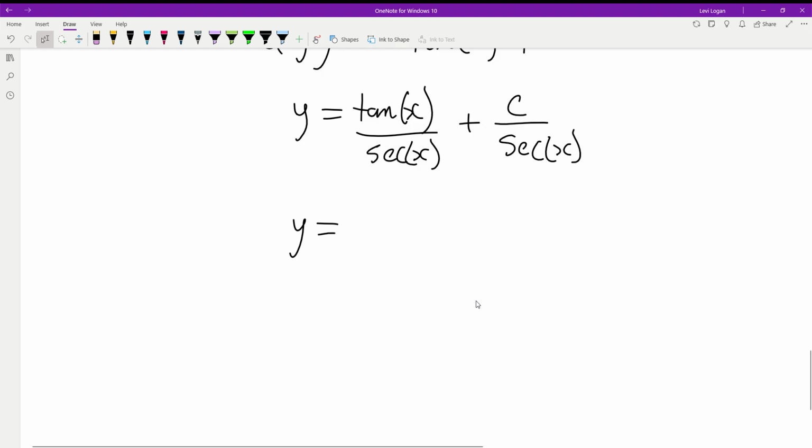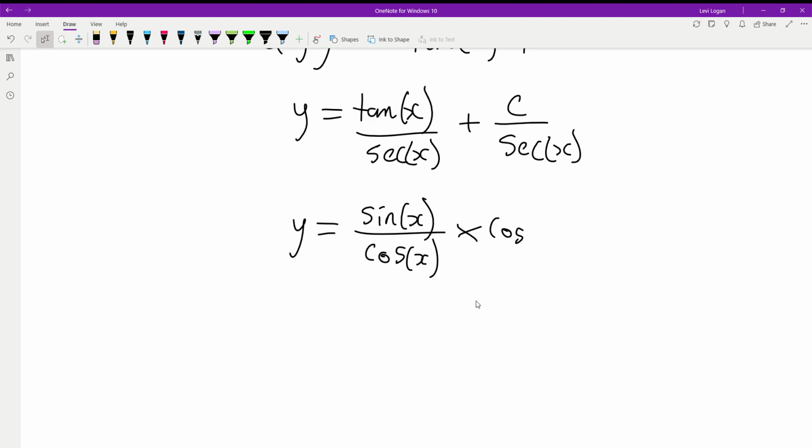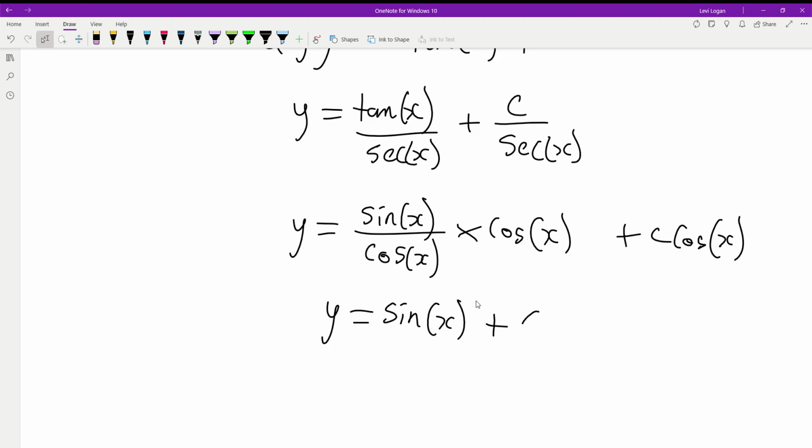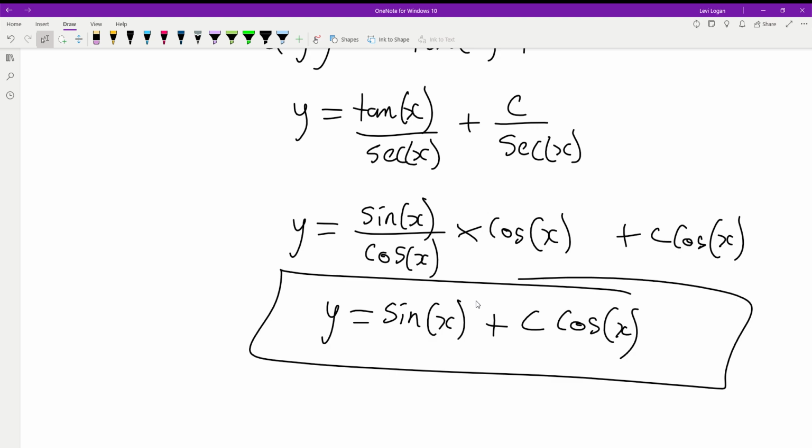Tan over sec is the same as sine x over cos x times cos x, plus cos x with a constant c. So this can be written as sine x plus a constant c times cos x. Okay, and that's it. For good measure, if you want, you can include another constant to account for it, like a plus k or whatever, when we differentiate it. But this should be fine overall.